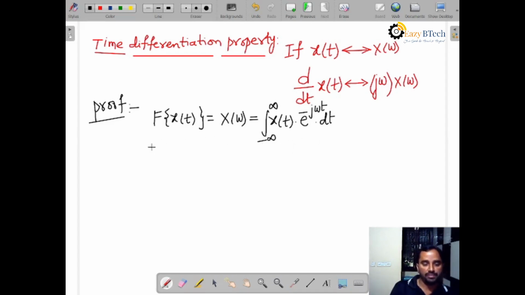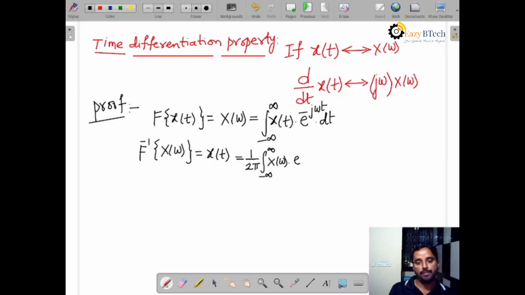Here also I am using the inverse Fourier transform formula. Inverse Fourier transform of capital X of omega is equal to small x of t is equal to 1 by 2 pi integral minus infinity to plus infinity capital X of omega e power j omega t d omega.